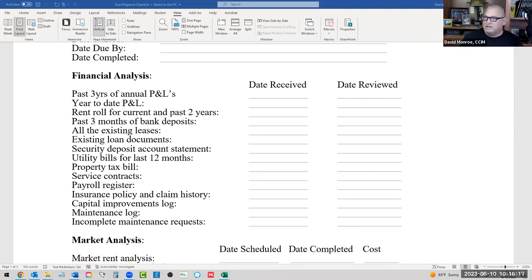Utility bills for the last 12 months. What we're doing here is we're trying to see trends in the utilities. You may not really be able to see it. You can see changes in prices, but you won't see reasons why. So you can kind of see where you had spikes in different months on different energy costs with the utility bills.